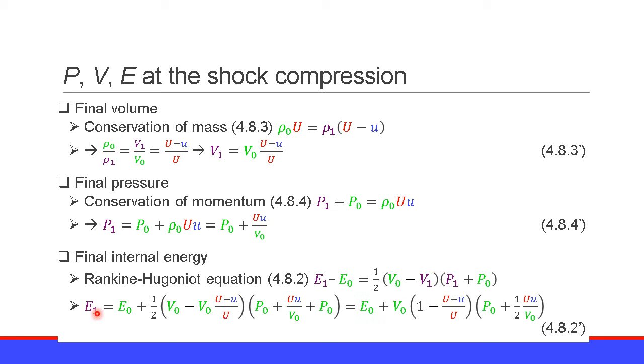Then the internal energy after compression, E1, is equal to the energy before compression E0 plus V0 times 1 minus large U minus small u divided by large U, times the pressure before compression P0, plus 1 over 2 times the shock velocity U times the particle velocity u divided by the volume V0 before compression, equation 4.8.2 prime.